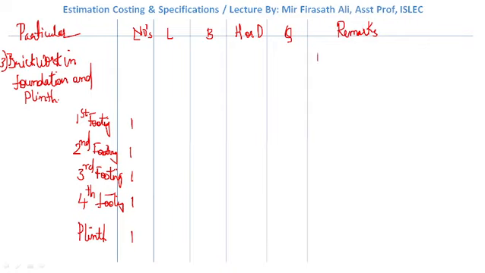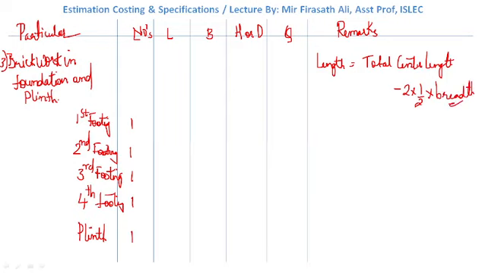Again the same formula. Length is equal to total center length minus 2 into 1 by 2 into breadth. Which breadth are we talking about here? For respective footings. For the first footing, what is the length?